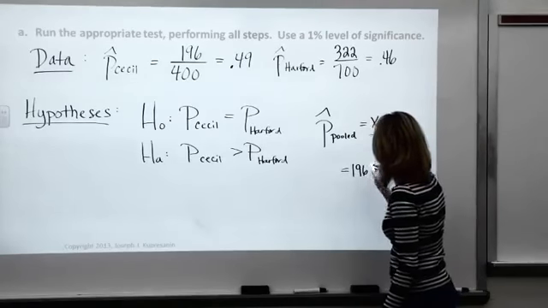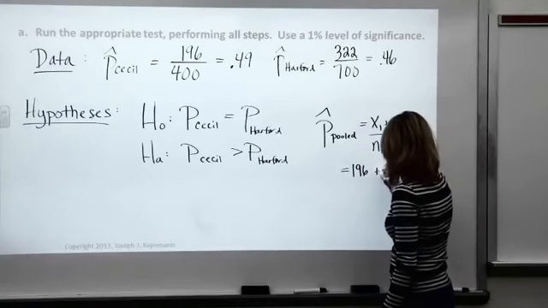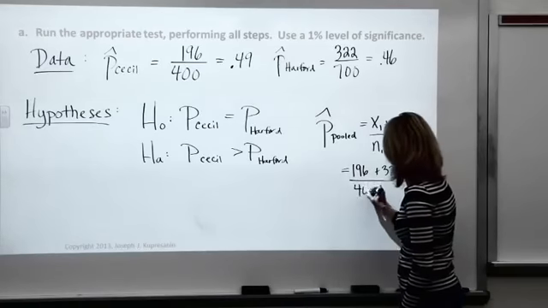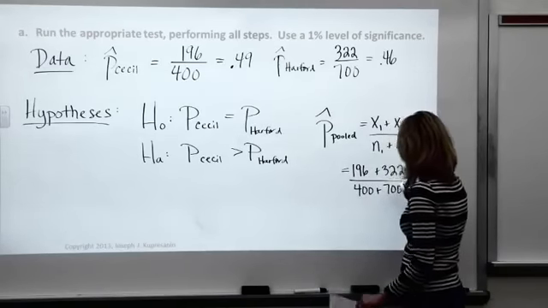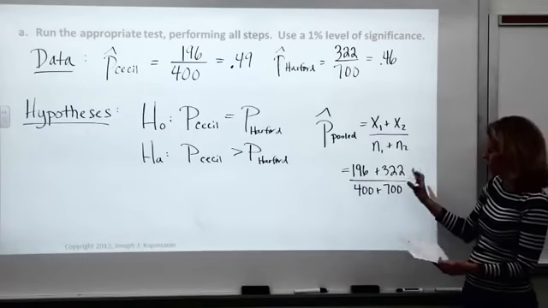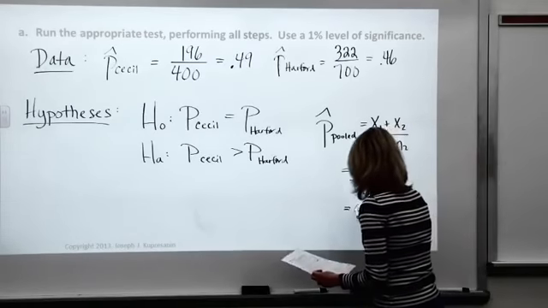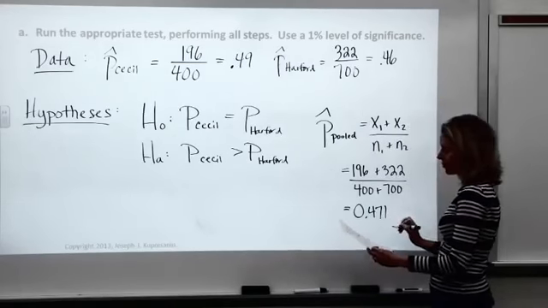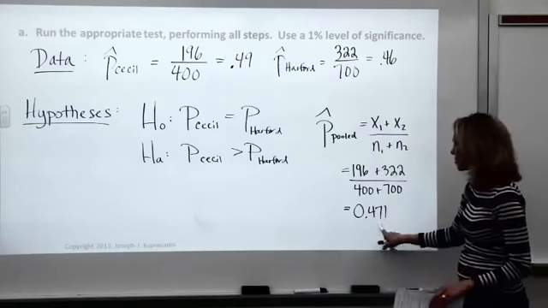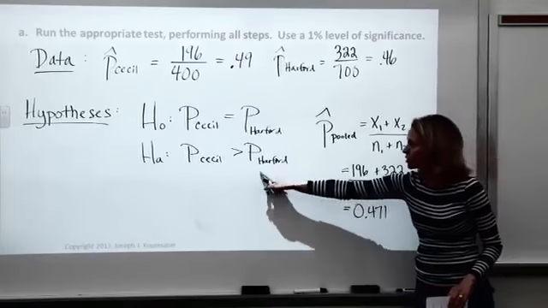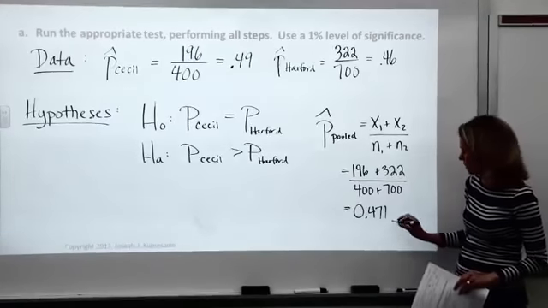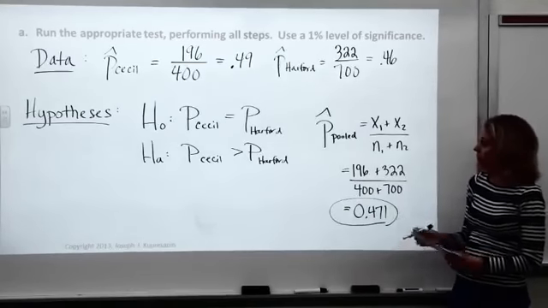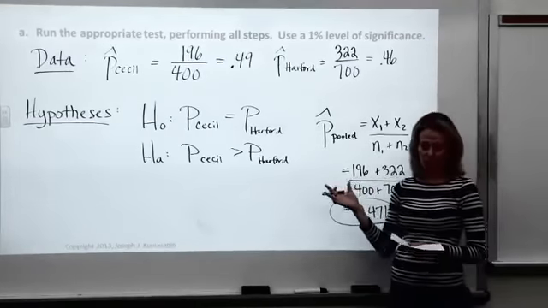So we take the 196 students at Cecil plus the 322 students at Hartford, out of the total sample size. We get a pooled value of about 0.470. Sorry, 0.471. Eventually we're going to need that value to conduct our hypothesis test, so we'll hang on to that for a minute.